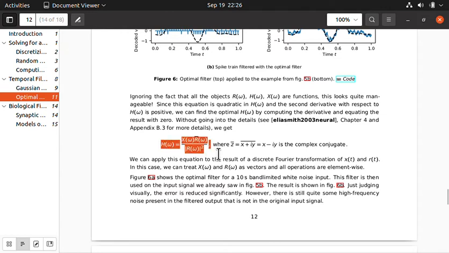It turns out, though, it's perfectly solvable. Okay? And what we get is, here's our best possible filter. It's the Fourier transform of my input signal times the complex conjugate of the Fourier transform of the response, where the response is one neuron minus the other neuron, divided by the magnitude of the response.